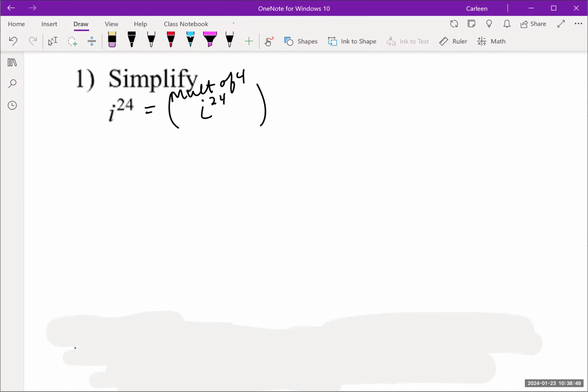There are no leftovers. So if the exponent on the i is a multiple of 4, i to the 24th equals 1, because the exponent is a multiple of 4. So i to the 24th equals 1.